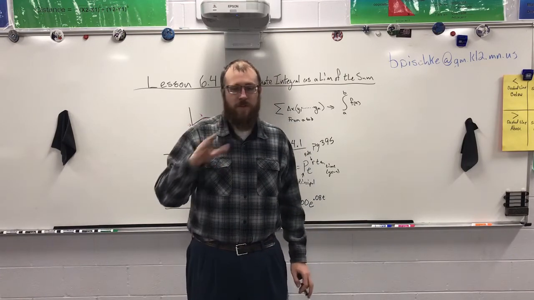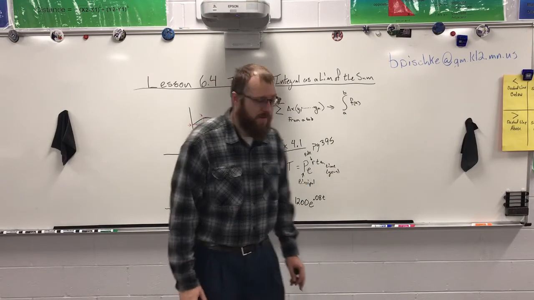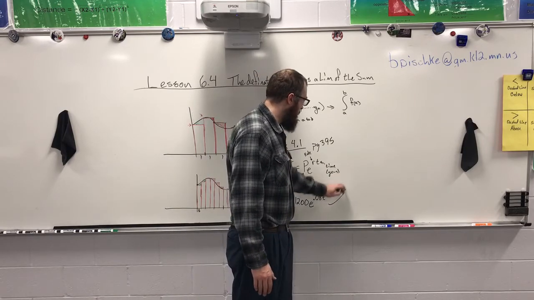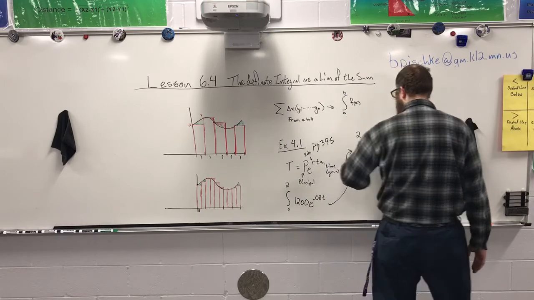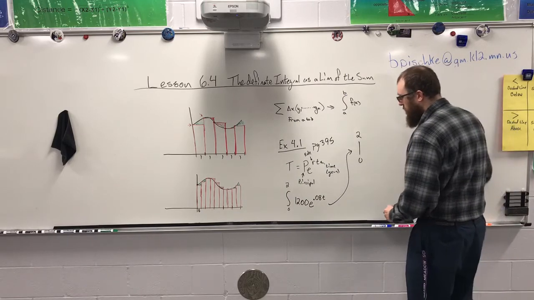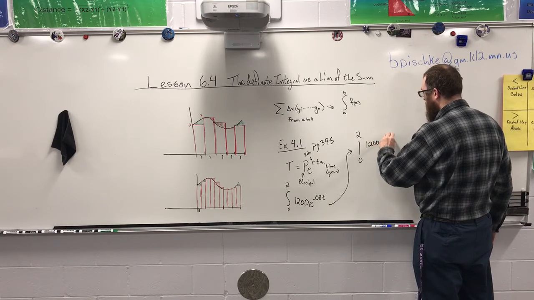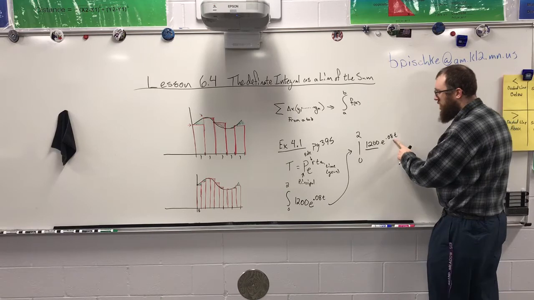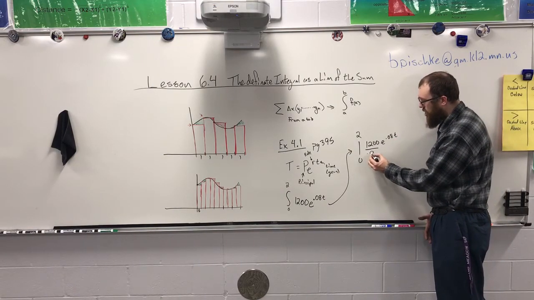Now you can use x up there if you want to. It really doesn't make any difference at all. Okay. So now we take this integral. Now the integral of that gives us, from 0 to 2, of 1,200 e to the 0.08t, but then you divide this by the derivative of the top, which happens to be 0.08.